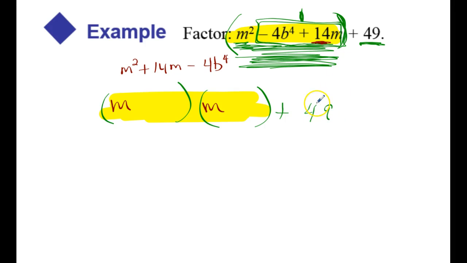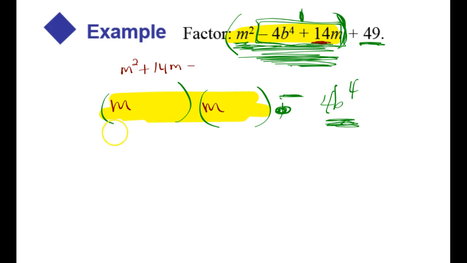So I picked this 49 out here because I knew it was a perfect square. Unfortunately, I think I need to use that 49 in order to factor the yellow. So I'm actually going to pick my minus sign out here, and the 4b to the 4th, which is also a perfect square. So usually a perfect square goes here.